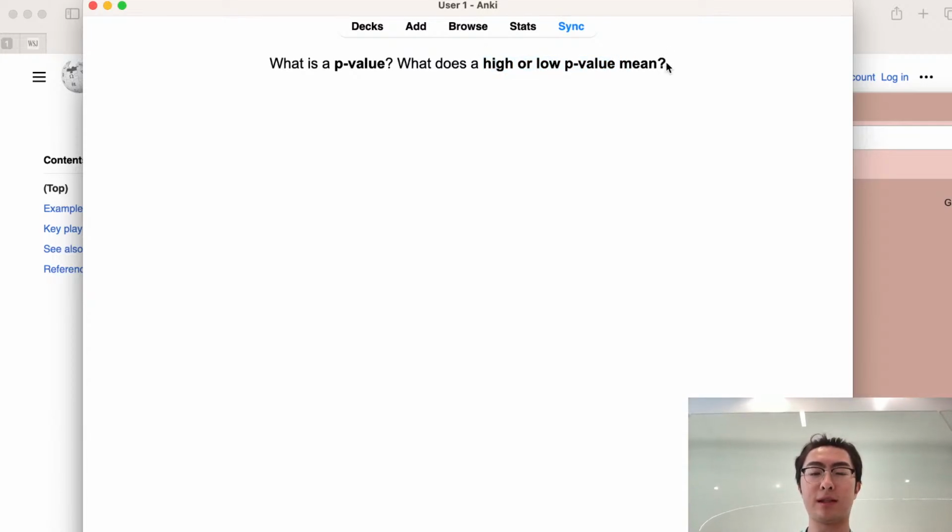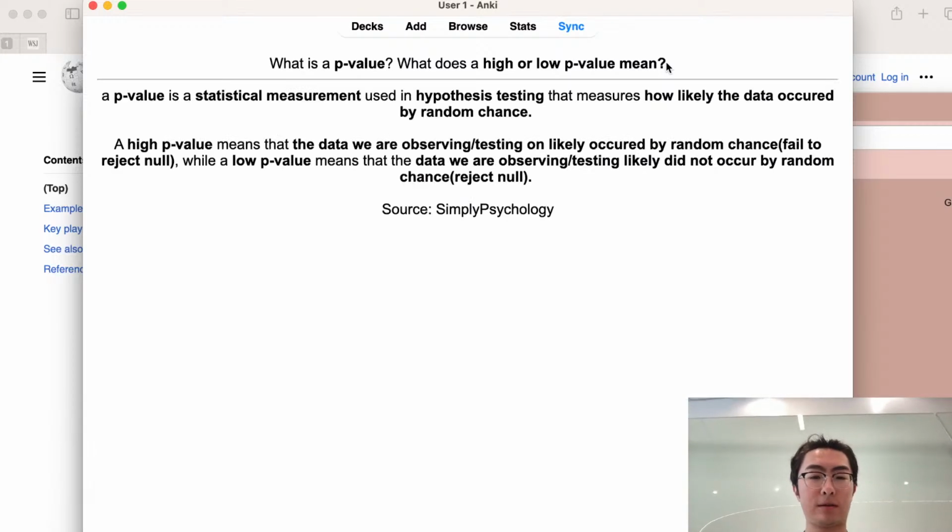So high means that you have a good chance that this happens randomly. The values that you chose happen randomly. The values in your sample are just randomly associated with each other.